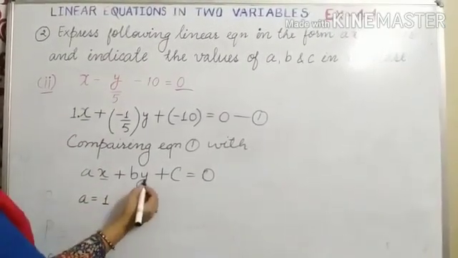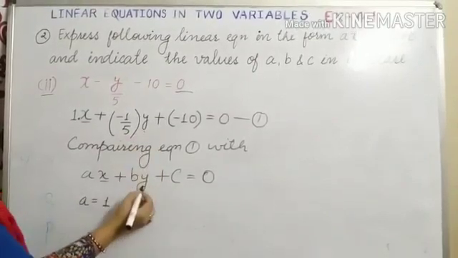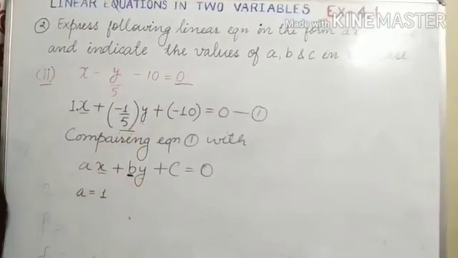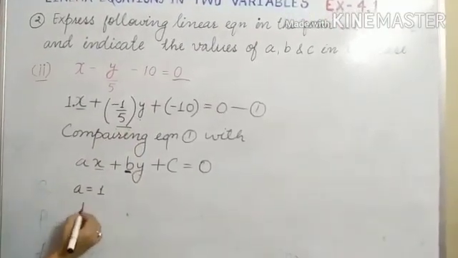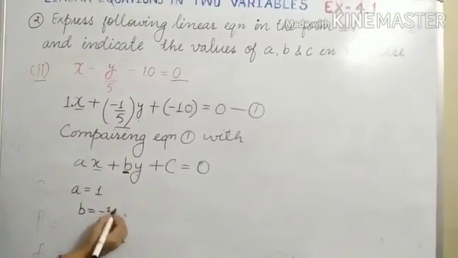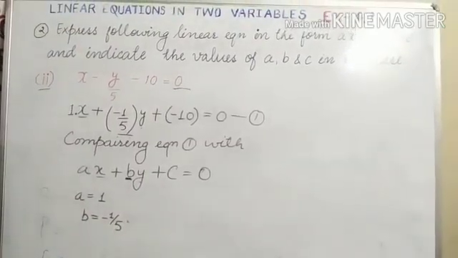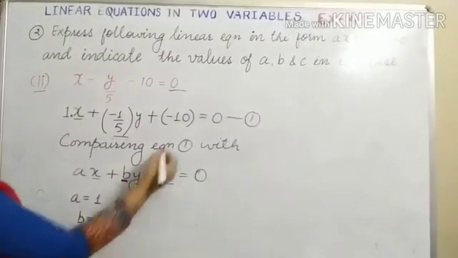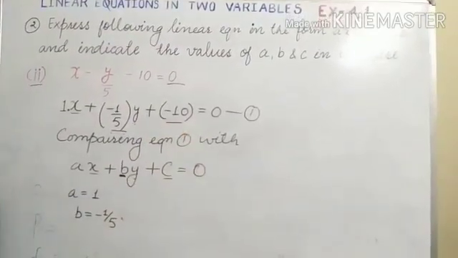Now let us compare the coefficients of y in both the cases. Here it is b, and in place of b it is written minus 1 upon 5. That means b is equal to minus 1 upon 5. Then plus again c is equal to minus 10.